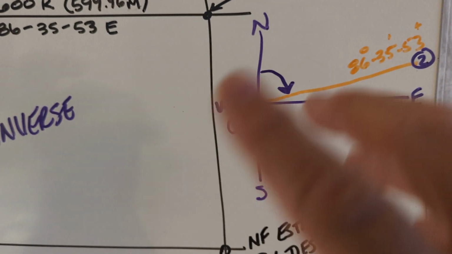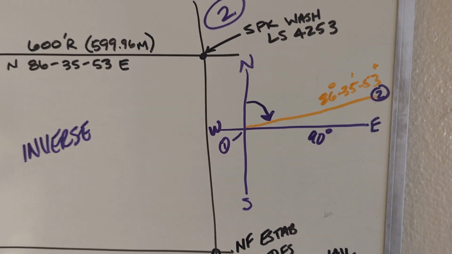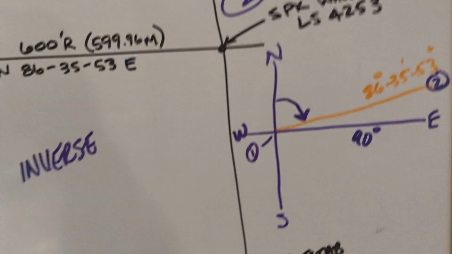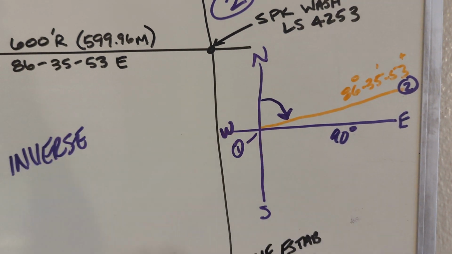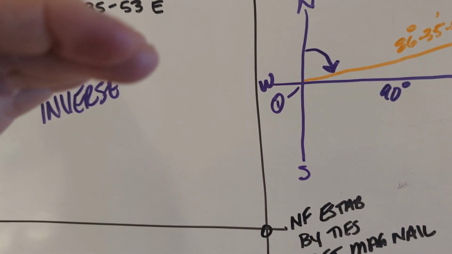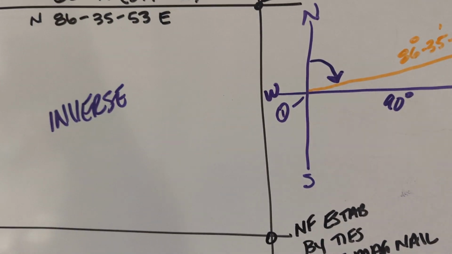I like to try to draw as many pictures as I can just to try to explain to people what's happening, but your northings and eastings have to do with north and east. There's not southerns and westerns, northings and eastings.